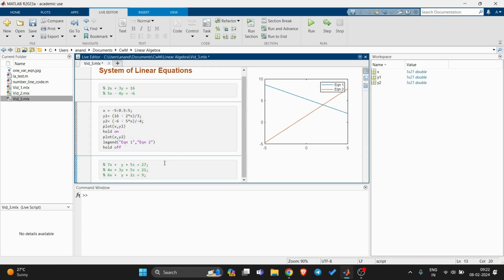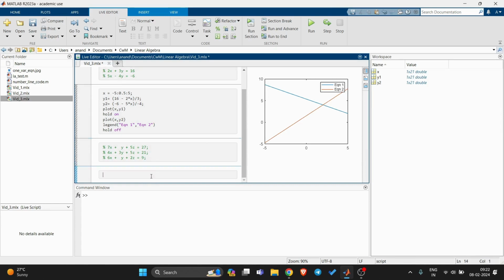Now, each of these equations has an associated plane. Let's plot them. We had already seen how we can plot planes in MATLAB in the last video. Let me first create the input vectors x, y using the colon operator and the meshgrid function: minus 5 colon 0.25 colon 5.